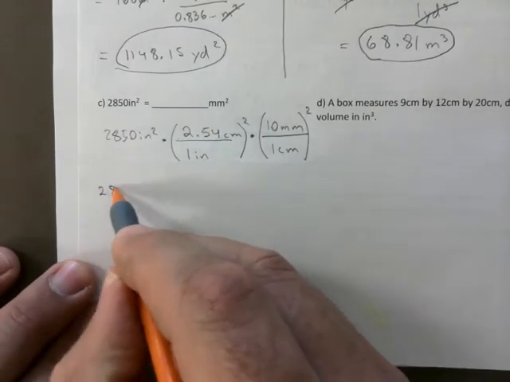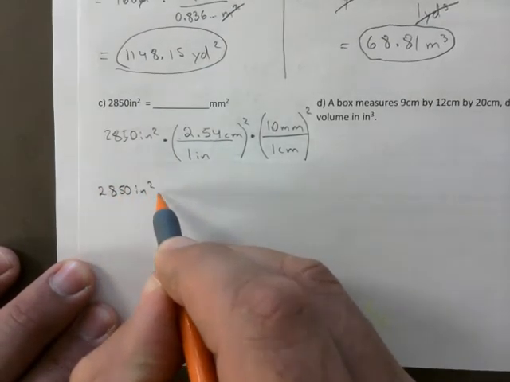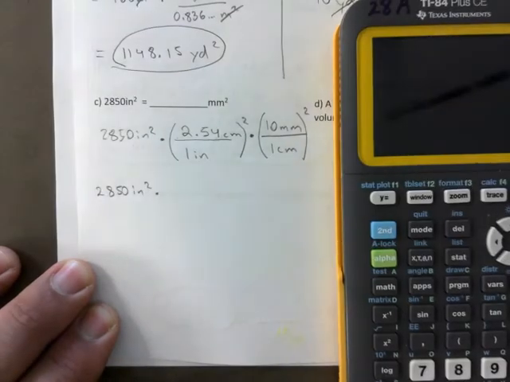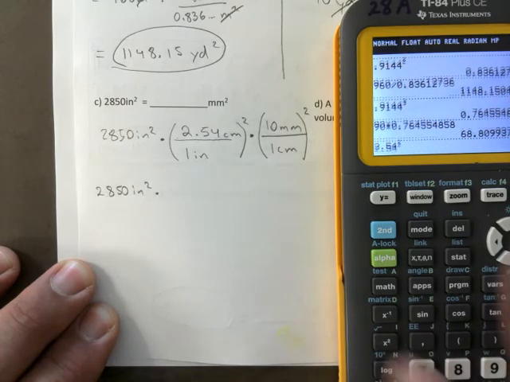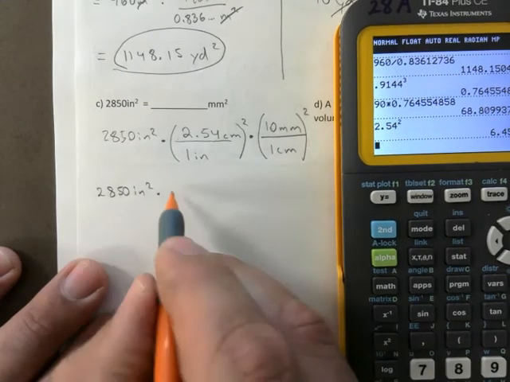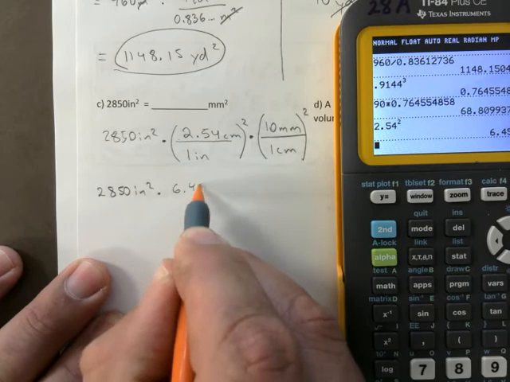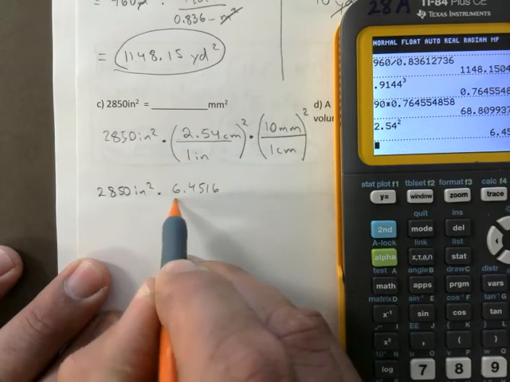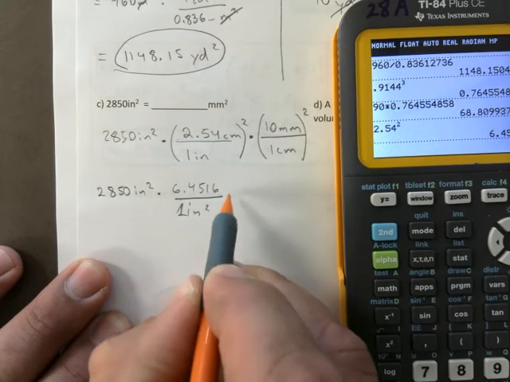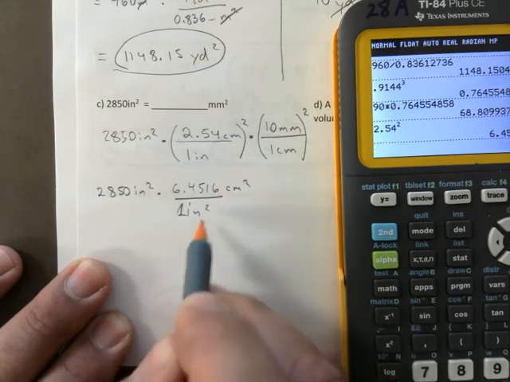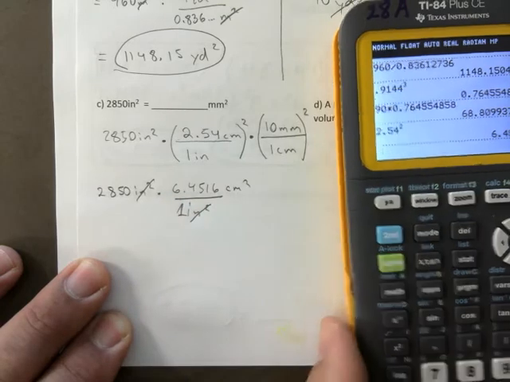So it's 2850 squared inches times, and I'm actually going to go through the whole process here just so you see it. I'm not always going to do that, but 6.4516 over 1 squared inch, right? And this is now squared centimeters. This cancels out with that.